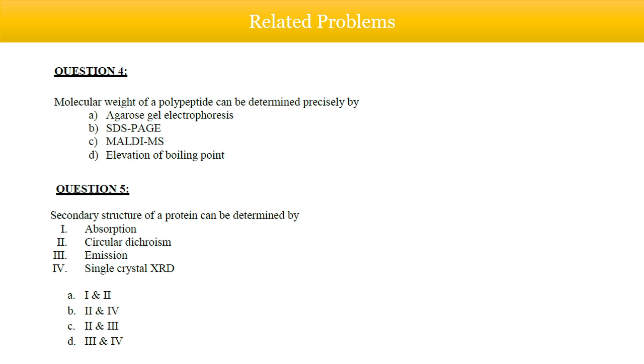But I have a question for you guys. Can you not tell about the size of a protein from the SDS-PAGE? If you want to determine the size of the protein from an SDS-PAGE gel, how can you do it? Can anybody tell me?